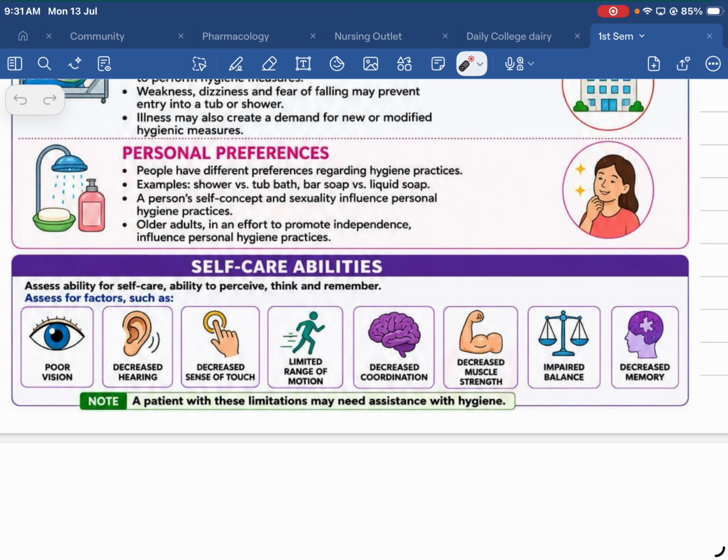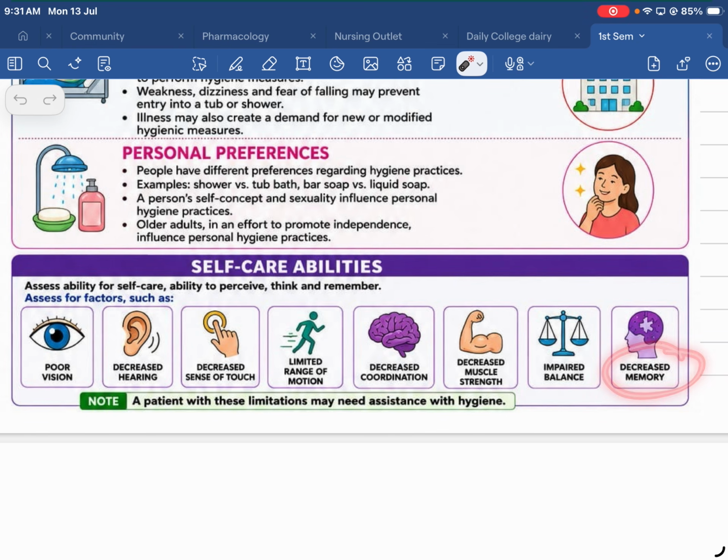Decreased muscle tone or muscle strength, they can't do the practice appropriately. Next, impaired balance, if they can't stand properly, how will they do the hygiene?